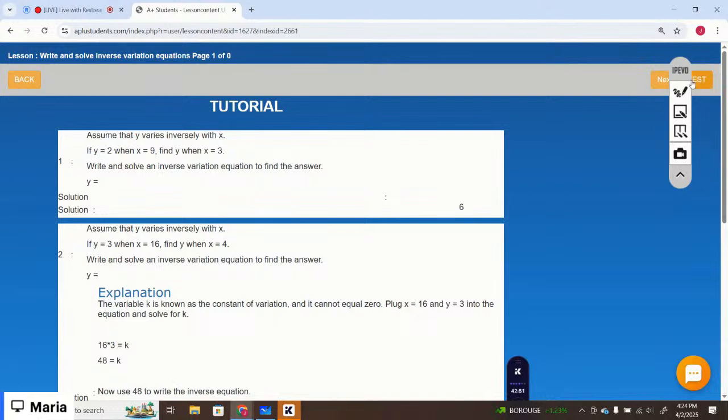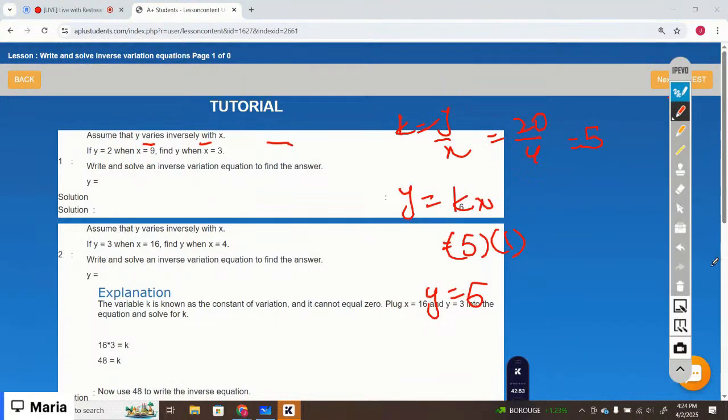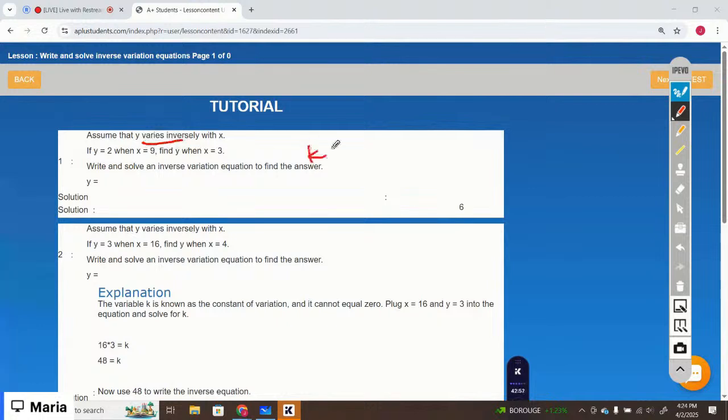So the first thing you need to calculate here is k, right? When the relationship is inversely proportional, k equals y times x, right? You have to do 2 times 9, that is 18.